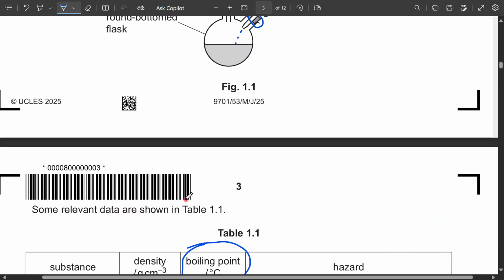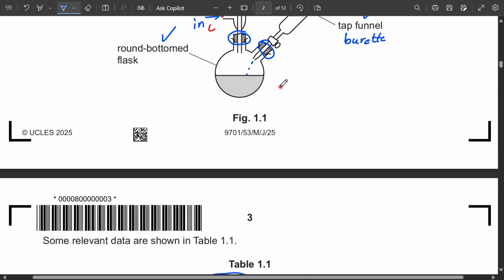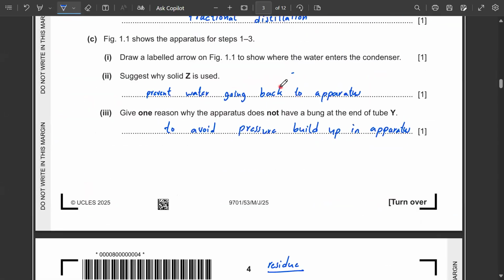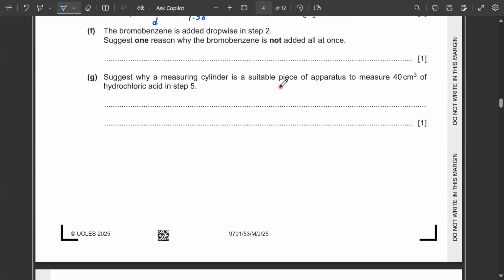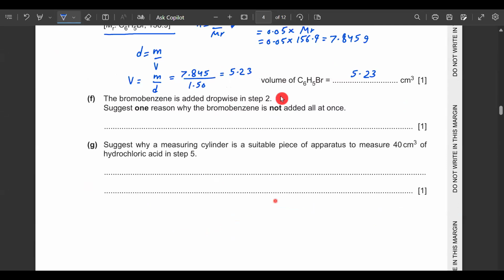The table can also help you to understand that bromobenzene is mentioned to be a flammable compound as well. So it is flammable. So what do we think? Why is it being put dropwise? If it is flammable, it means that the reaction is very violent.